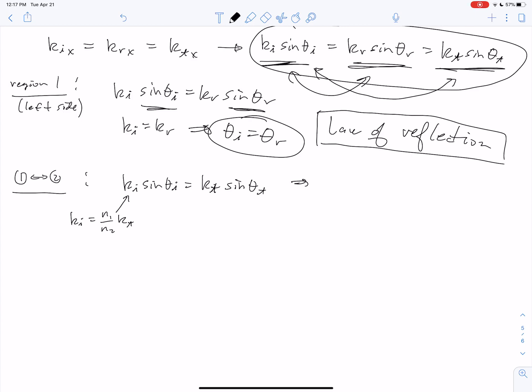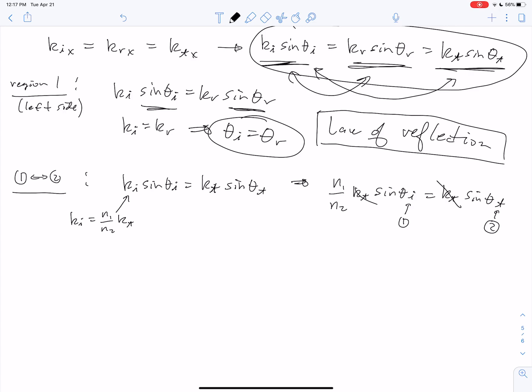And so then what we'll get is n1 over n2 Kt sine theta i is equal to Kt sine theta t. So now these cancel, and we end up with this very famous relationship. I'll replace i with a 1, and t with a 2.